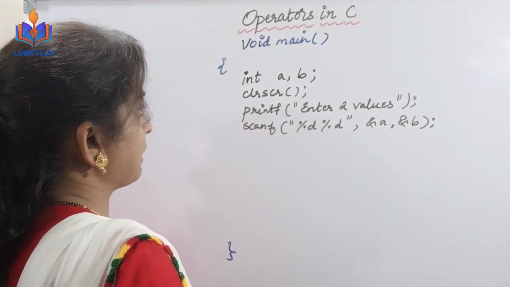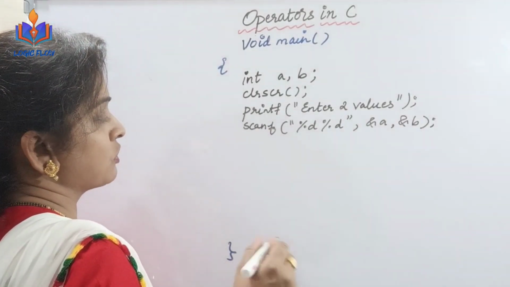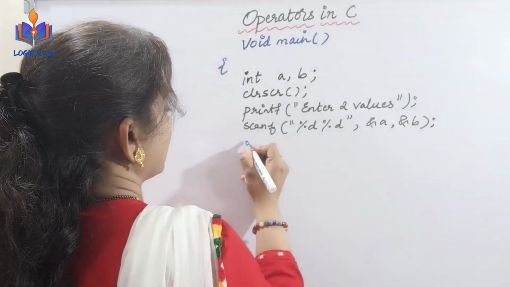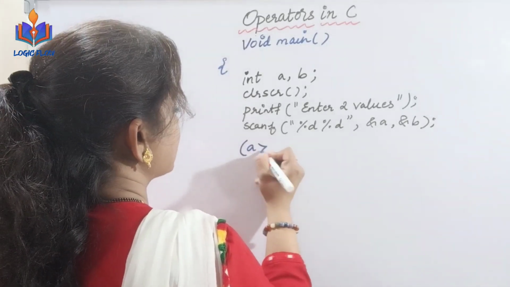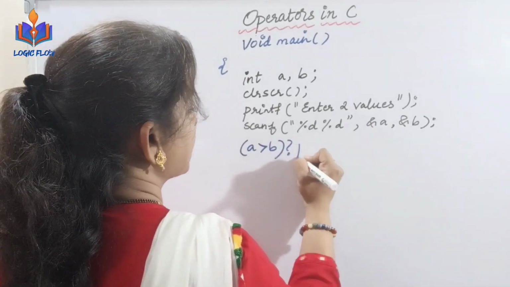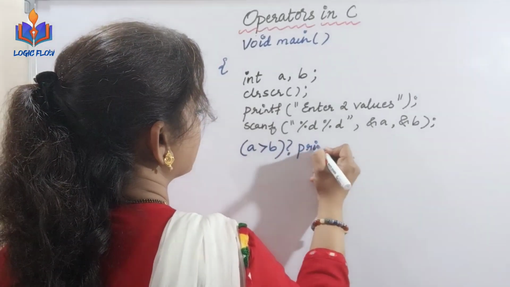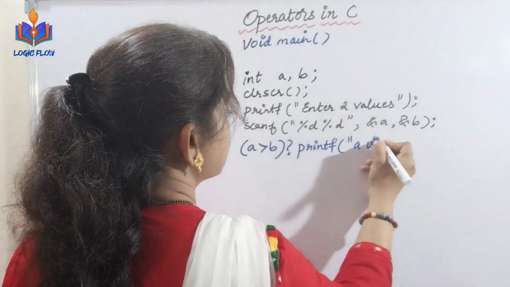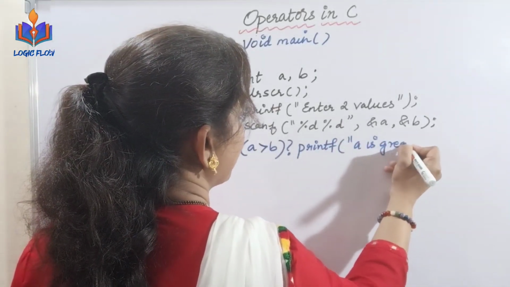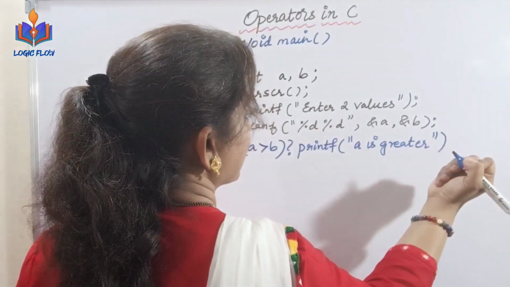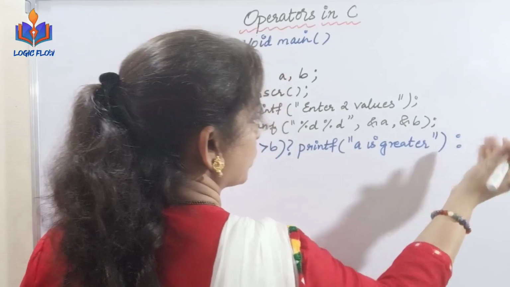Then let me write the actual ternary operator statement. I say a greater than b, question mark, printf("A is greater"), close the bracket, and then colon. You can just continue there itself.